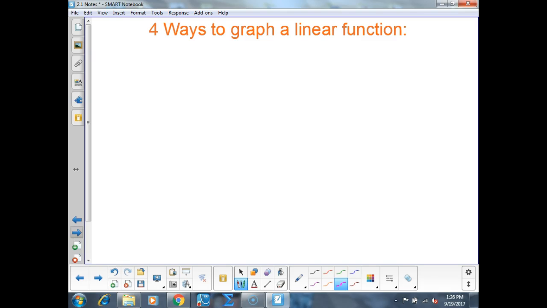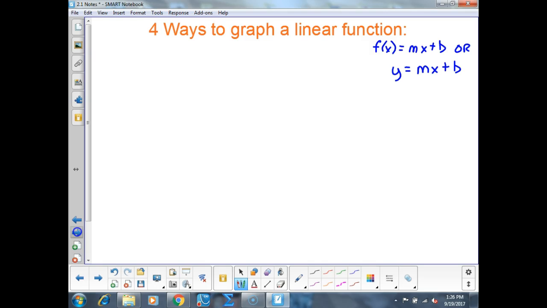You may be able to think of another way. Remember that a linear function is going to be f of x equals mx plus b, or really we're talking y equals mx plus b.